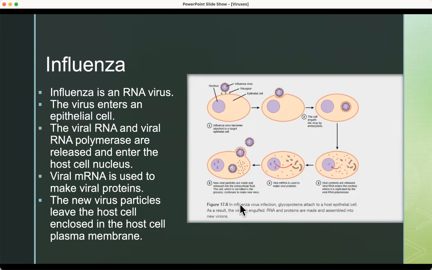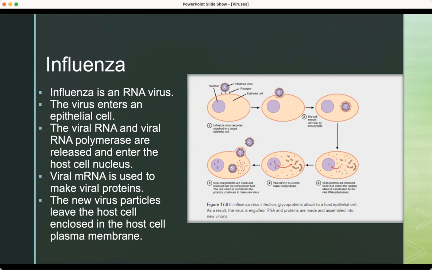Now you have more viral RNA, more viral proteins. They get packaged up into a new viral particle. Now, the virus particle leaves the host cell, but it is enclosed in the host cell plasma membrane. So we call this budding. Okay, so it's almost like it's cloaked in the host cell plasma membrane.